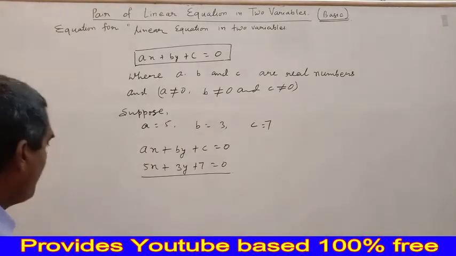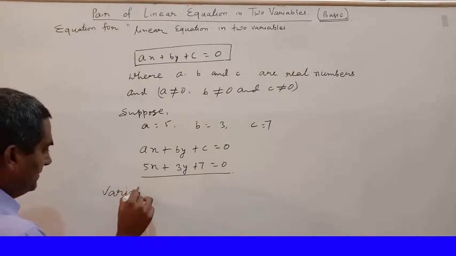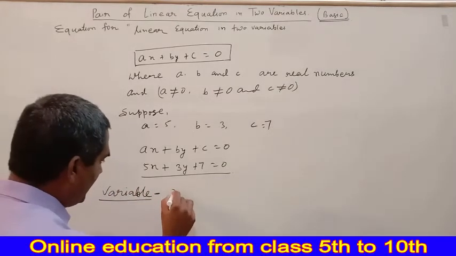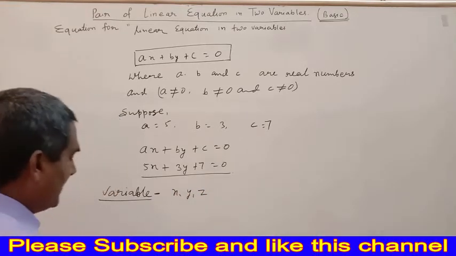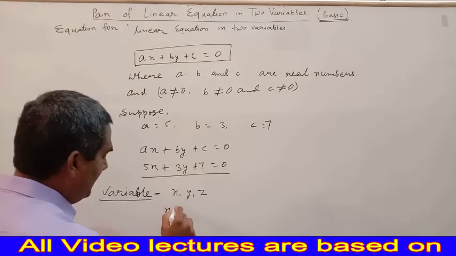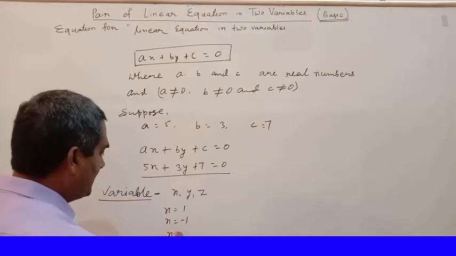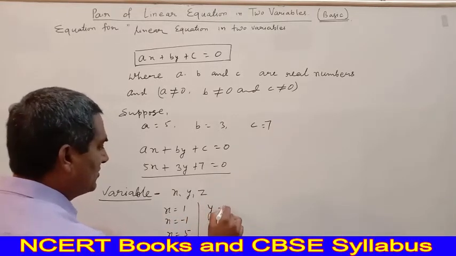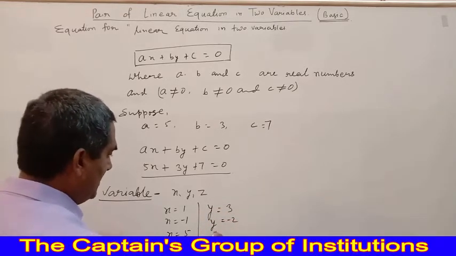As we know, variable means what? Variable means any literal terms, x, y, z, whose value can frequently change. Means that if x is equal to 1, then x can be minus 1, x can be 5. Similarly, y is equal to 3, y is equal to minus 2, any value.